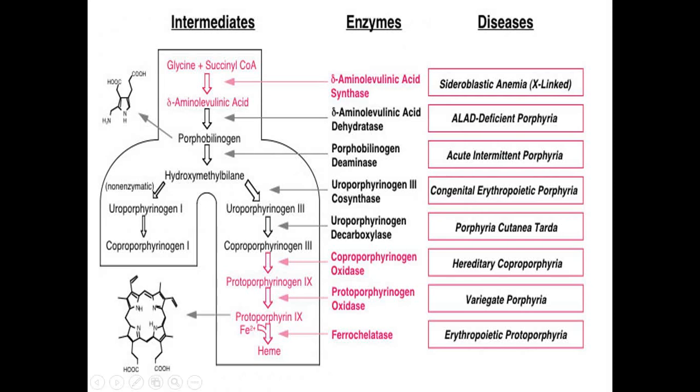These are the enzymes which are deficient, and specific diseases occur with the deficiency of specific enzymes. If delta-aminolevulinic acid synthase is deficient or absent, then X-linked sideroblastic anemia can occur. Similar are these porphyrias, different types of porphyrias.